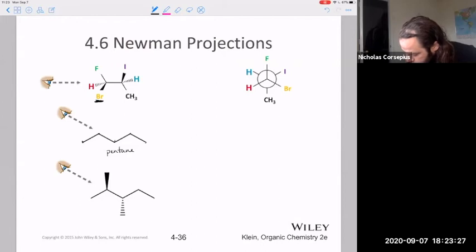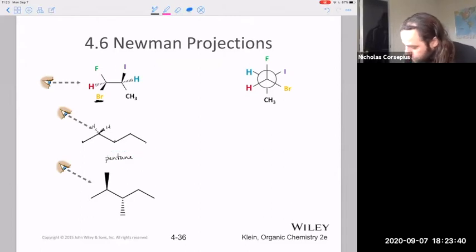So I just have to know that here is both a hydrogen pointing into the board and a hydrogen sticking out of the board on this carbon, and same thing here, right? So those are just implied in our bond line structure. I'll draw them in explicitly for now. And then what are the other groups?